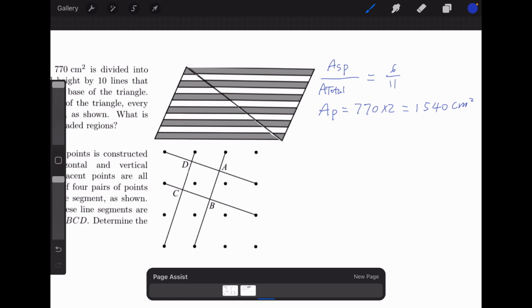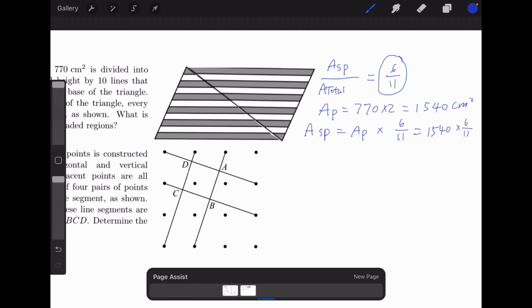Because we have the ratio between the shaded area and the area of the parallelogram, the shaded area in the parallelogram equals the area of the parallelogram times the ratio 6 over 11, which is 1540 times 6 over 11.